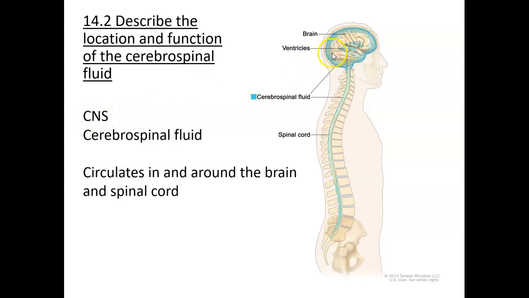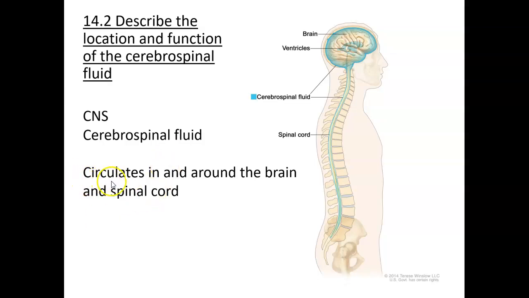CNS is central nervous system, the brain and the spinal cord. The cerebrospinal fluid is a fluid that is associated with the central nervous system, and it can be called CSF, cerebrospinal fluid.